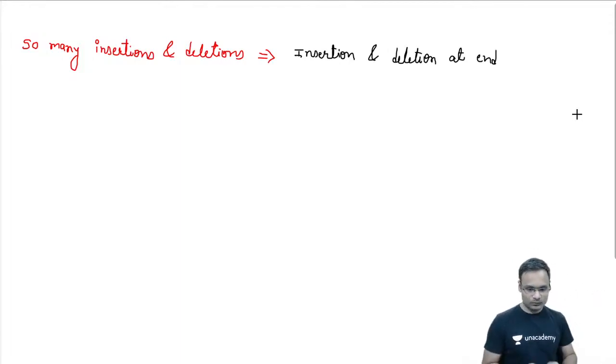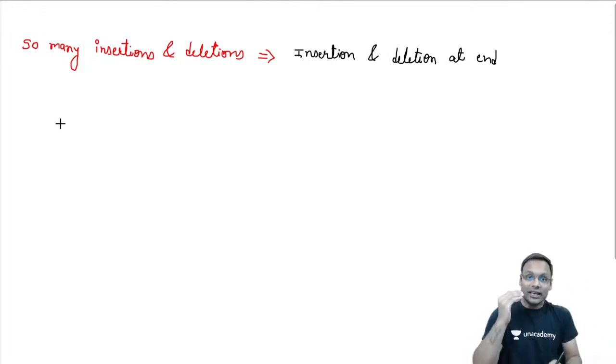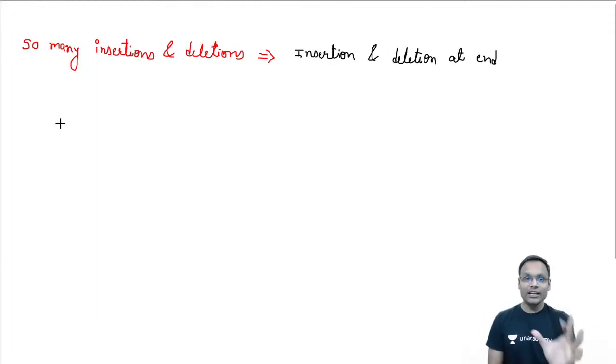But now the thing is, if you have insertion and deletion based on some pattern, like insertion and deletion in a sorted array. Now the array is sorted, you cannot insert a new element at the end, or delete an element based on just the last element.